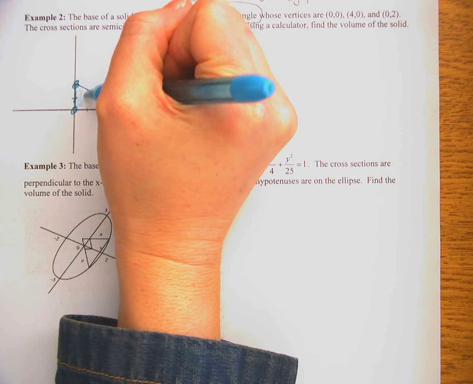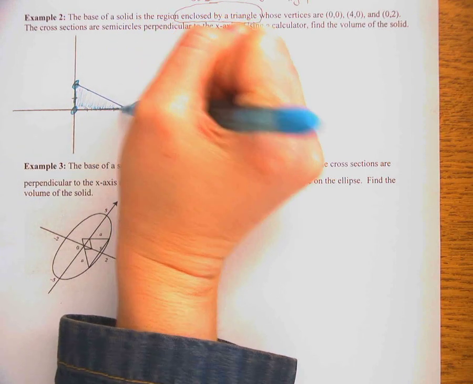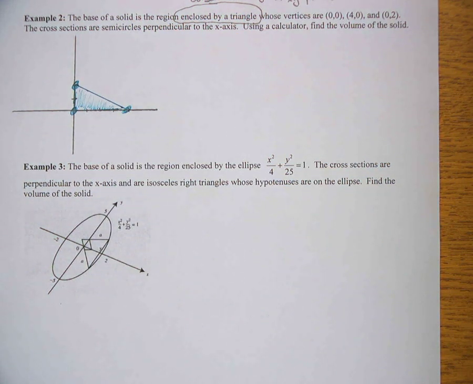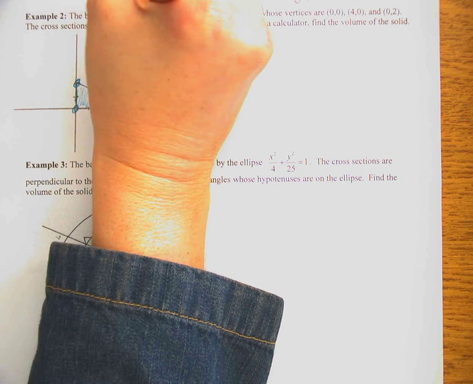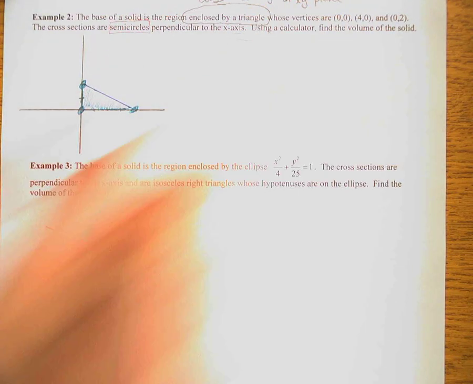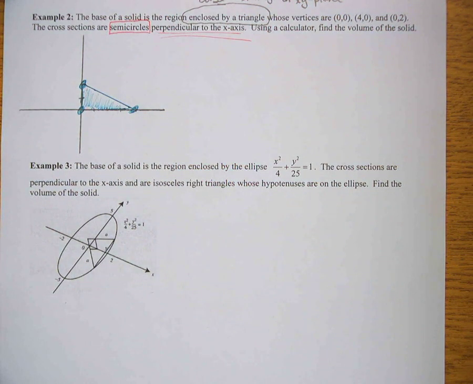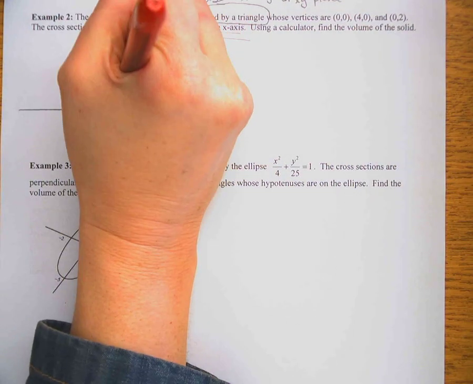And I'll go ahead and just sort of lightly shade that in. Okay. The cross sections are semicircles. So these are going to be the cross sections here, and they're perpendicular to the x-axis. So remember, that's like books on a bookshelf. So they're going like this.